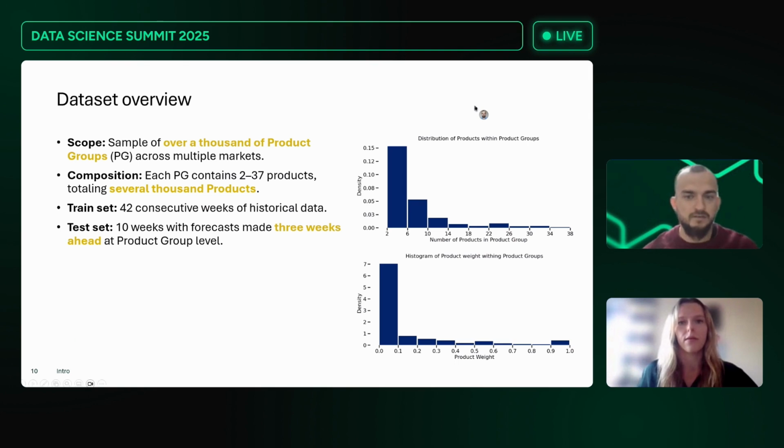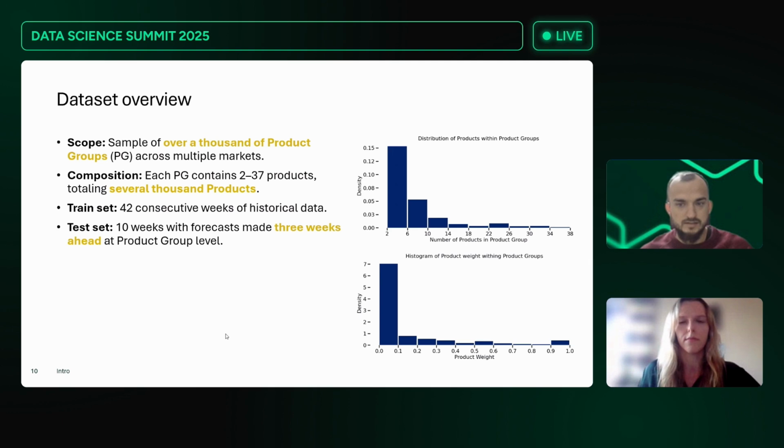And to evaluate those experiments from our database, we have sampled a group of over 1,000 product groups across multiple markets, and each group contains between 2 and 37 products. That's giving as a result several thousand of them.